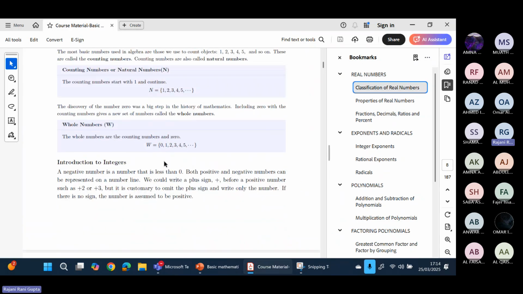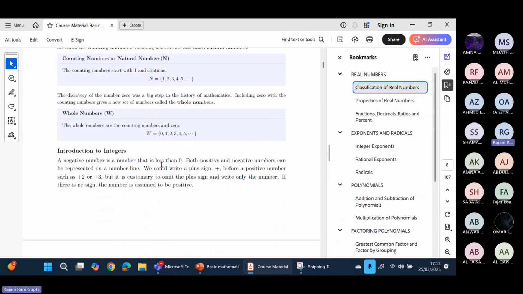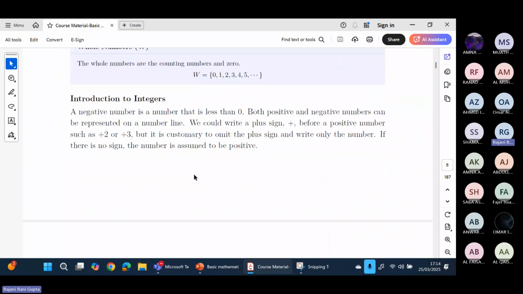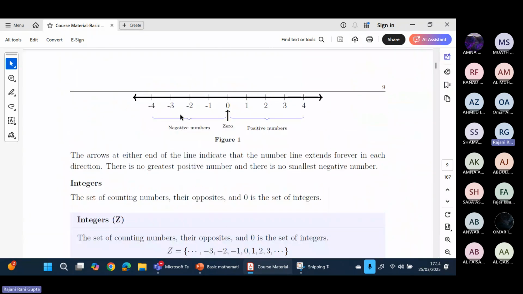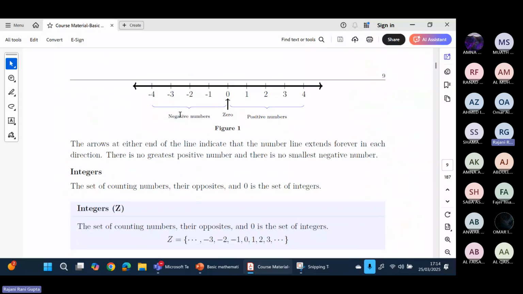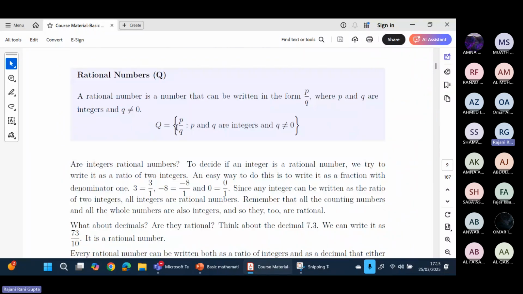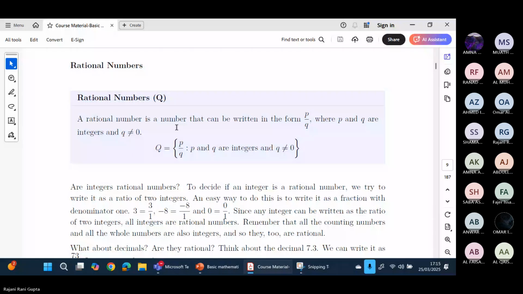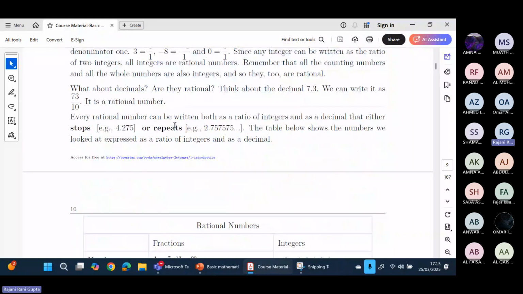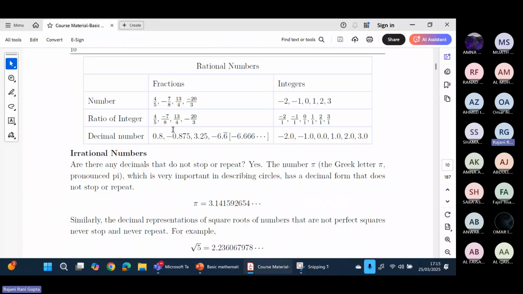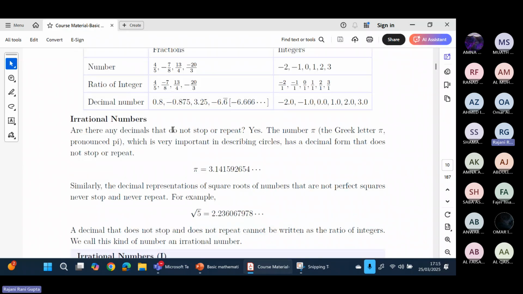In chapter 1, don't forget the number system: counting numbers or natural numbers 1, 2, 3, 4. You add 0, it becomes whole numbers. Negative numbers, integers. Okay. Numbers with a point, rational numbers. Rational numbers are repeating and terminating.